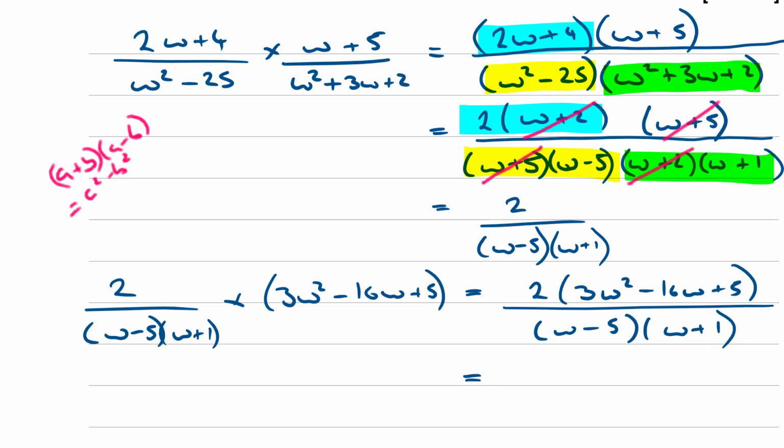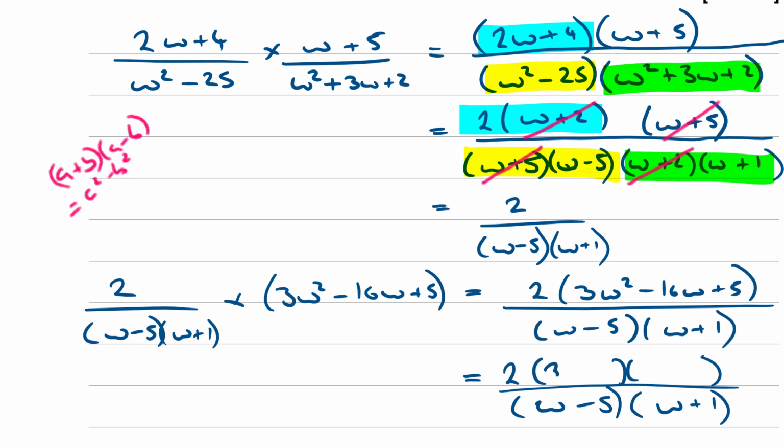Now, it would be very handy if that top quadratic, 3w² − 16w + 5, would factorize, and I can then cancel it out with another one of my factors on the bottom. So does that break up into two brackets?